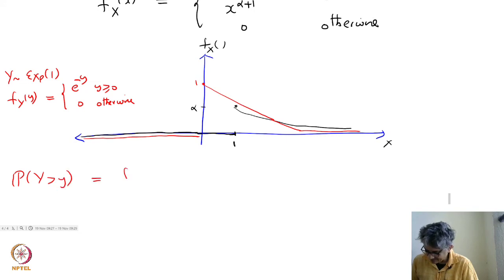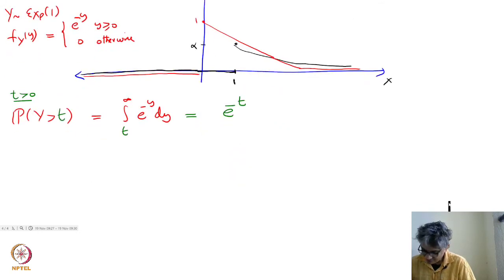That's the integral from t to infinity of e to the minus y dy, let's say t is positive. And that's going to be just e to the minus t. That's the output of this.